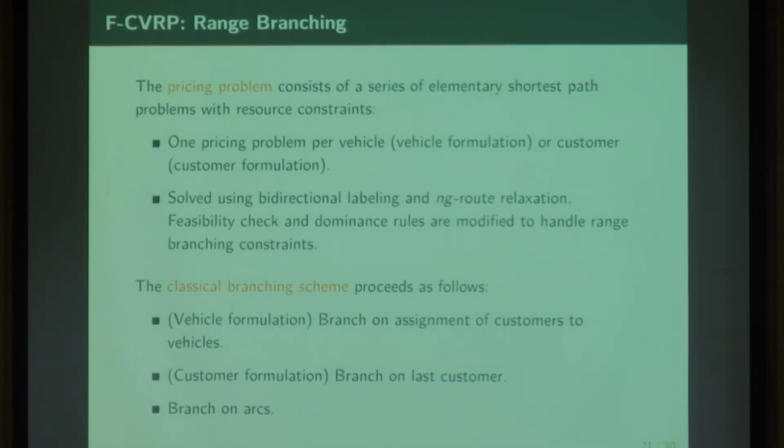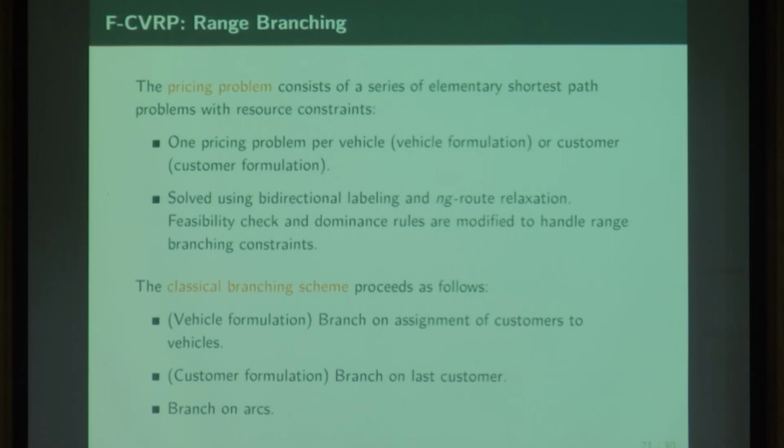For the vehicle formulation, you branch on the assignment of customers to vehicles. For the customer formulation, you branch on the last customer in order to make sure that you are doing things correctly. So there is literature comparing these two formulations without the fairness requirement.